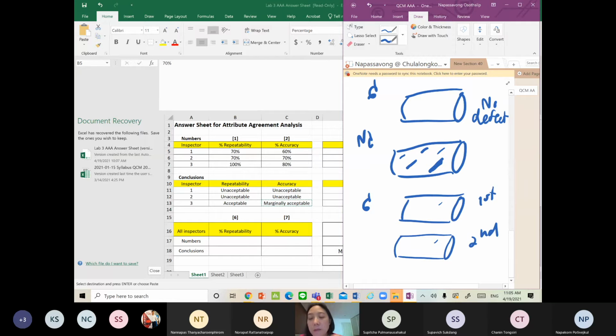This is the first time, this is the second time, and actually the correct result is G. The first time you look at this part and feel that it is pretty small, I am not so sure whether it should pass or not, but it seems small, so let's guess this time that it is G. Then you move to inspect other parts, and then you come back to inspect this part again, and this time you are hesitant, not sure again whether to judge G or NG, but by chance you say, let's design that it is NG. Is it possible?